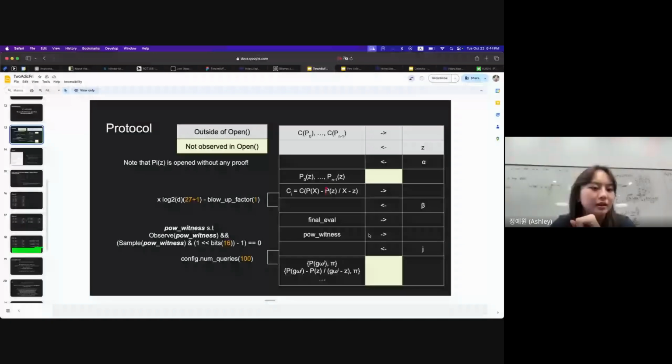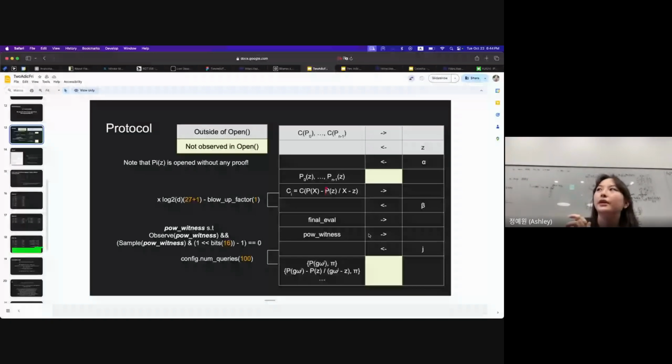The next thing we have is the POW witness. I actually researched a little more on this. What this paper right here by the Starkware team was talking about told me that the POW witness increases the cost of being a malicious prover, and it reduces the number of queries needed to be done by the verifier.